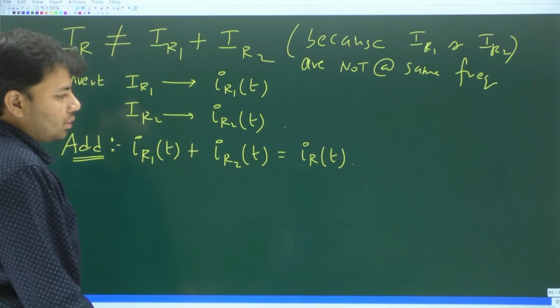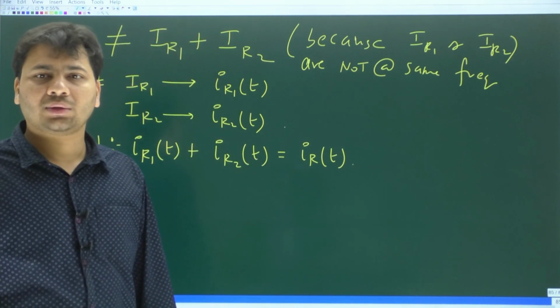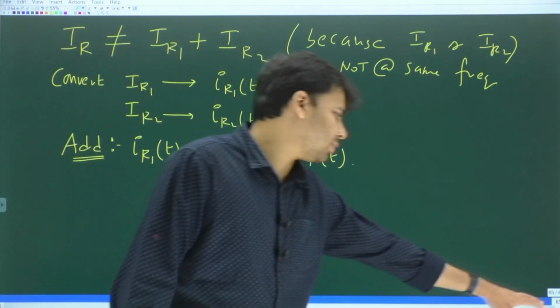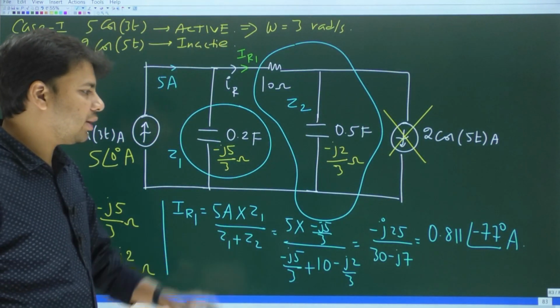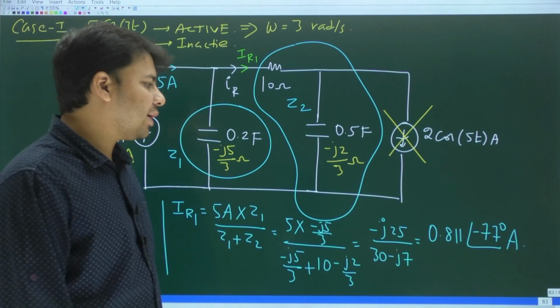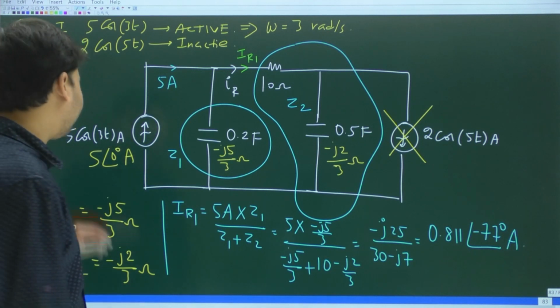Now let us go back to the two results that we got for the current through the resistor. First is IR1. What is IR1? 0.811 at an angle minus 77 degrees, and this phasor is defined at what frequency?